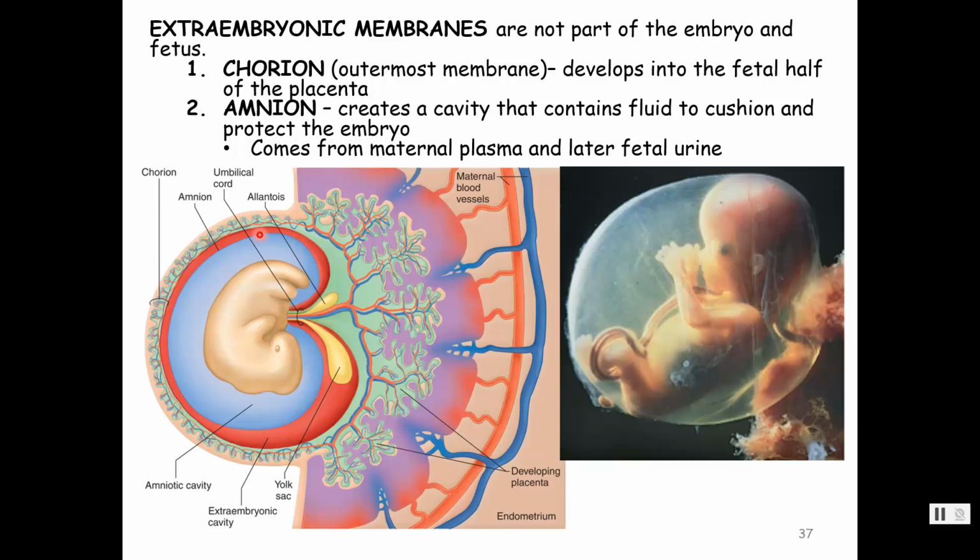So we have this amniotic sac, and this is going to be filled with amniotic fluid, about 100 mils of fluid. It's very similar to maternal blood plasma. This is going to provide a nice cushioned and buoyant environment for the baby to develop, so it's going to protect it.